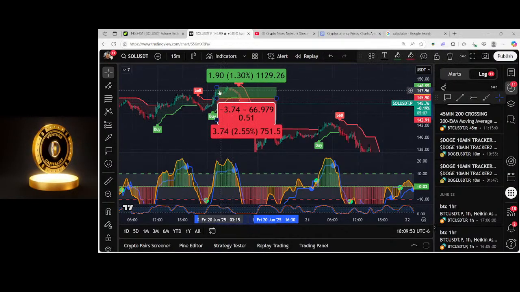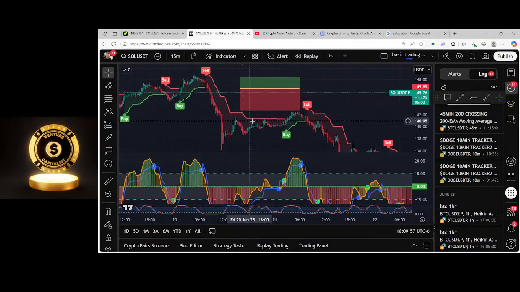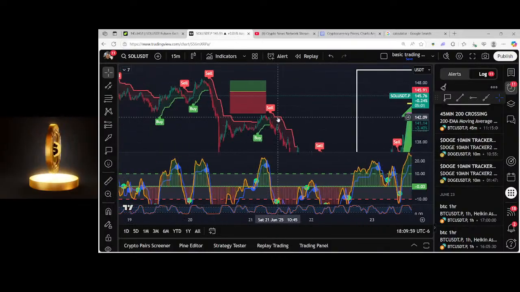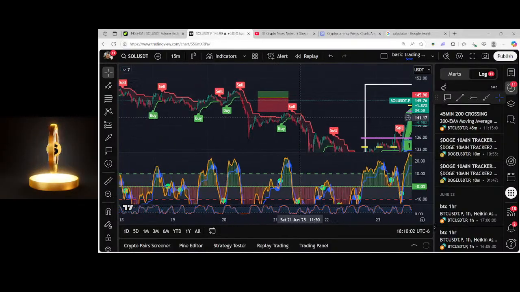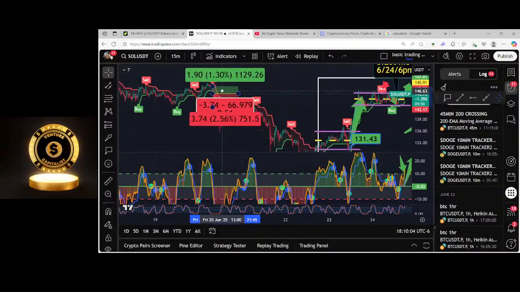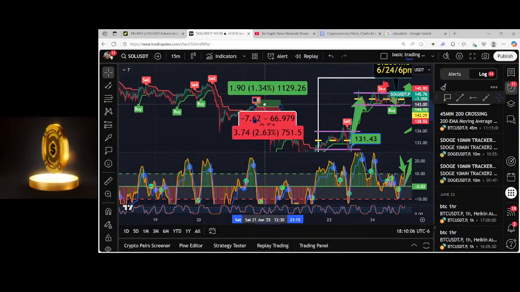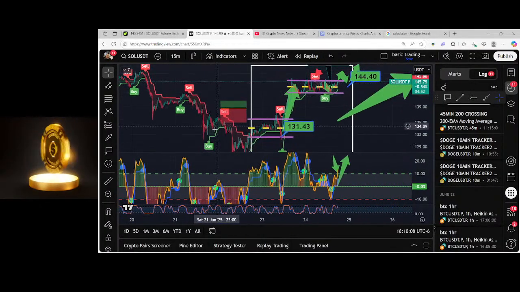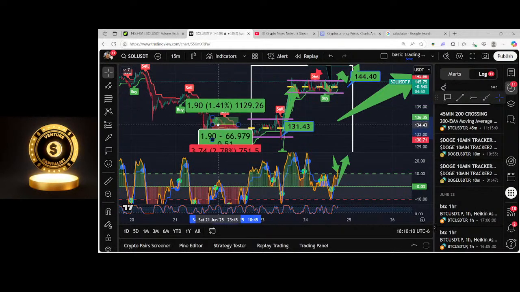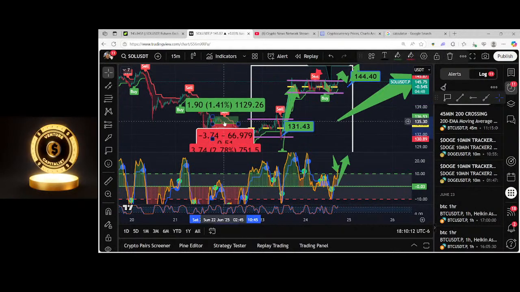I buy again, and guess what? There's another 30%. Okay, so what this is showing me is that by working the basic pattern that we normally work, which is a pullback, a buy, the next pullback, and then we buy in these zones here, we are making a 1% move each time.